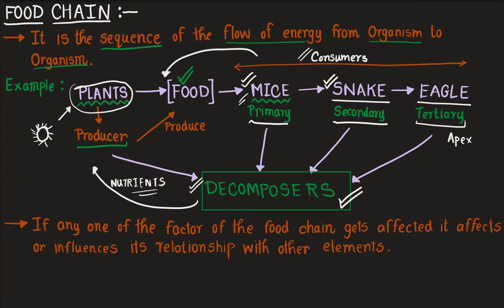Mice start dying. If there is a lack of mice, it also affects the snakes, because they don't get food. And if there are fewer snakes, it affects the eagles too. See how the effect travels along the chain.